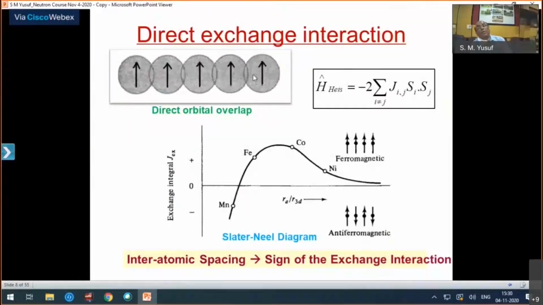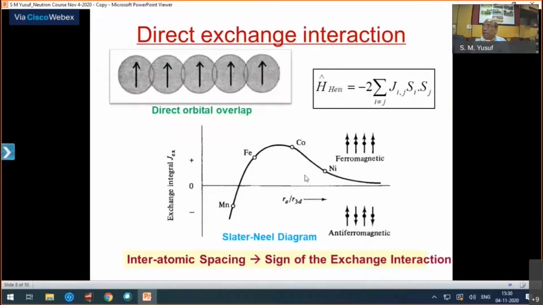One thing I must tell you: once you talk about this exchange interaction, you are no longer talking about the isolated atom or ion picture. You are deviating from the so-called Hund's rule. That means you are already talking about a cooperative mechanism. Magnetism is nothing but a cooperative mechanism, due to the Avogadro number of magnetic atoms interacting magnetically through this J_ij, what I just said.